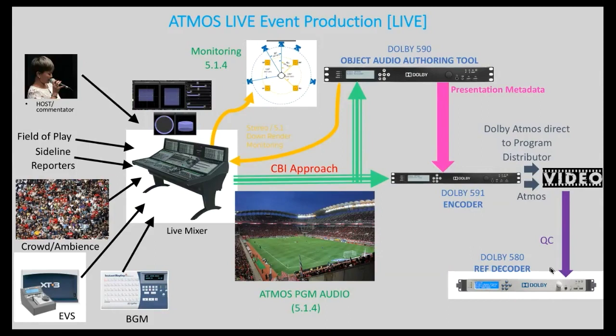The console itself can generate the down mixes. It always has, even back to the old Calrecs. On a 5.1 out, you've had a stereo down mix and a mono down mix of the stereo. You would get a similar thing, not quite right out of the box, but it can be configured by basically building a small mixer within the mixer, if you will, to handle the down mix of an Atmos to give you a 5.1 equivalent.